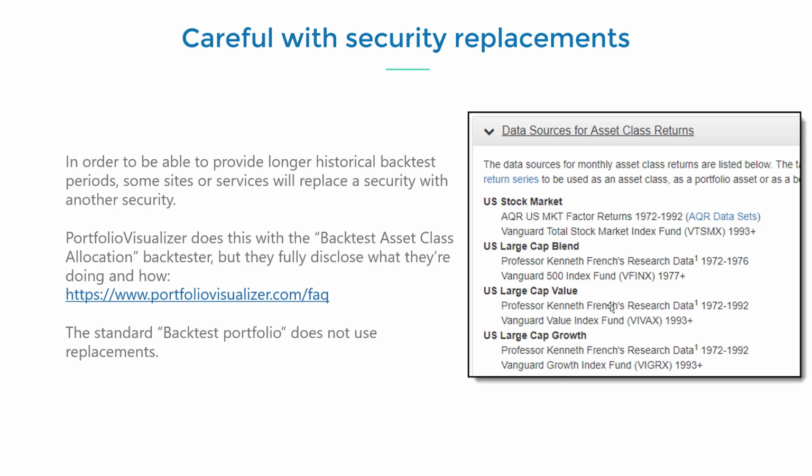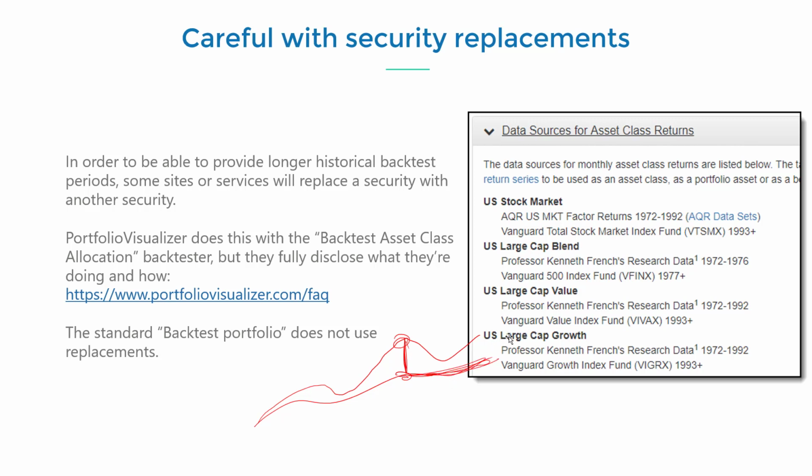The reason I say that is because sometimes a security replacement is not the best thing. If you track it side by side, maybe it tracks like this, and you say, hey, this is just too much of a gap. It's not a good security replacement. To validate that what they're doing is correct, during the period that both are available, you want to track them side by side and make sure they're pretty much on top of each other.